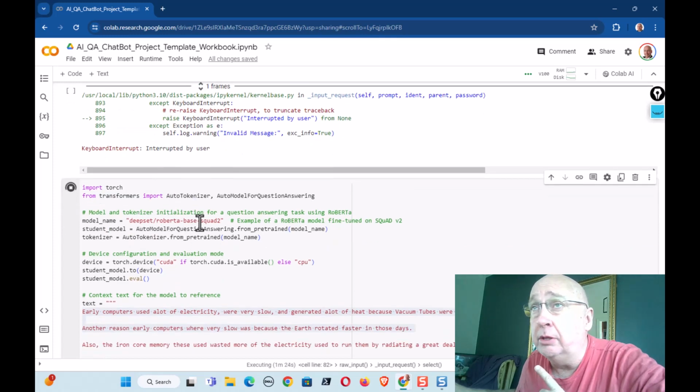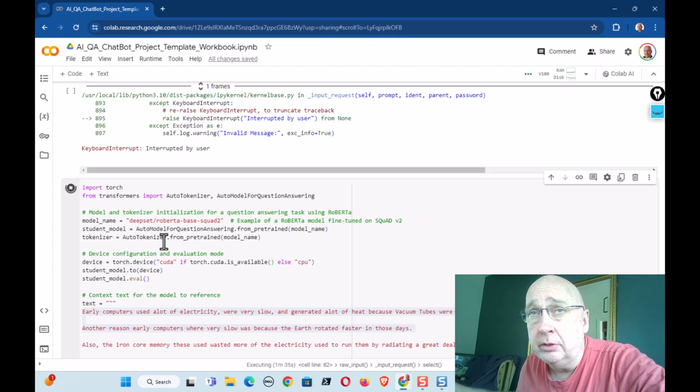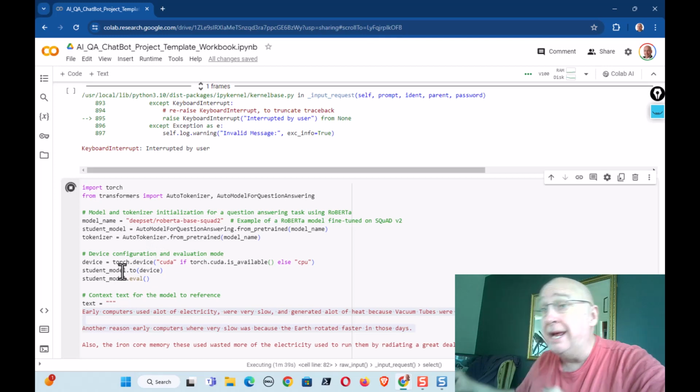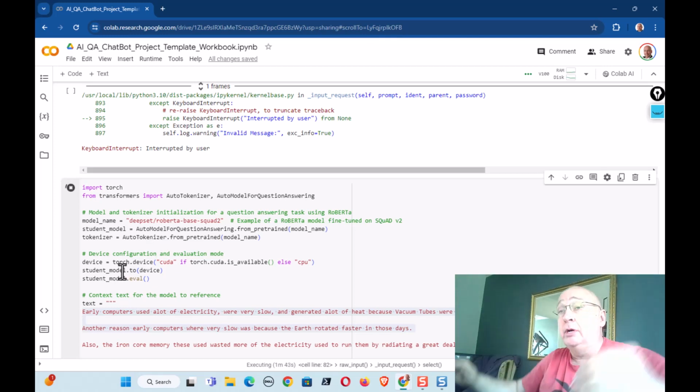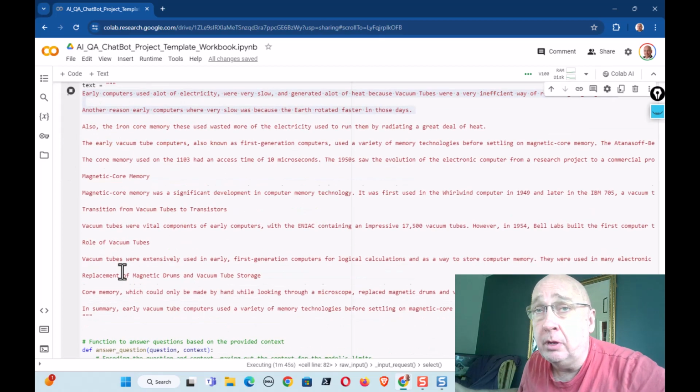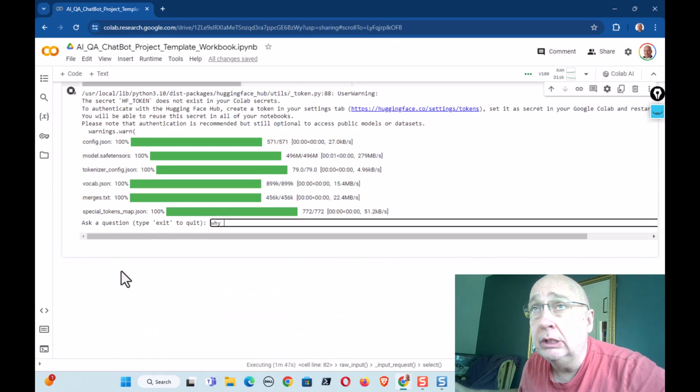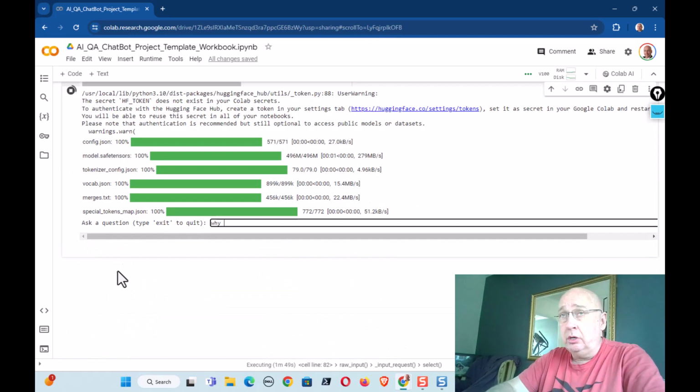There is my model, a Roberta model fine-tuned on a training methodology called Squad. And this is other stuff we talked about in class. Student, as we said, does not mean student as in you're a student. It means your AI model, which has been trained from a teacher AI model, which is Roberta. So why were early computers?